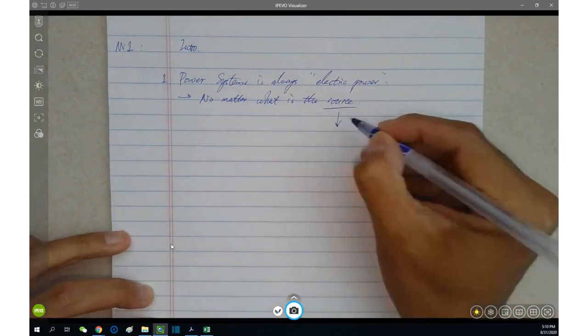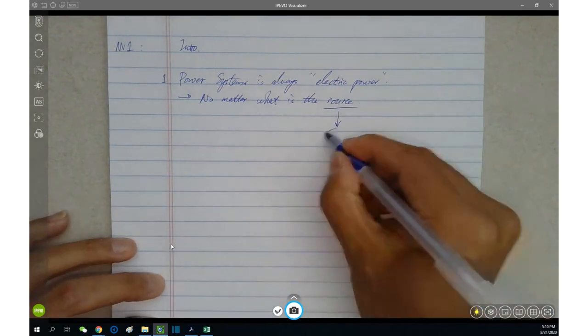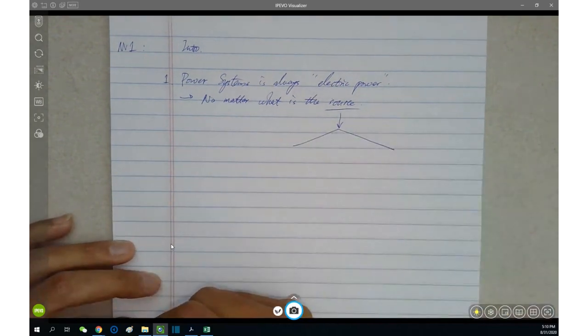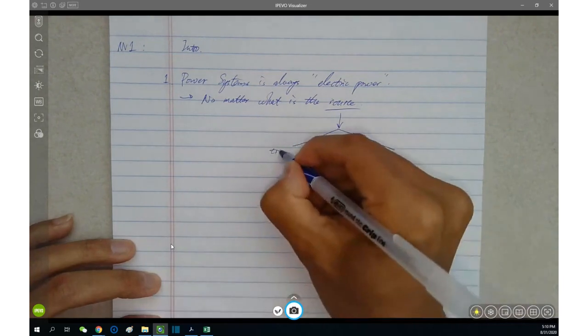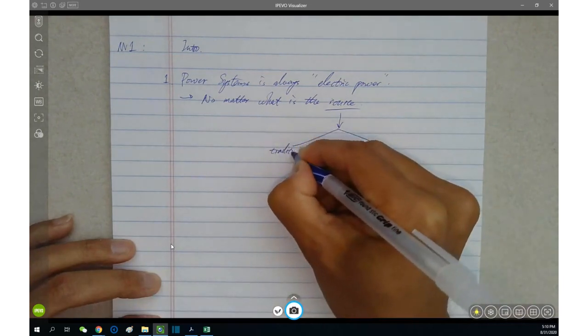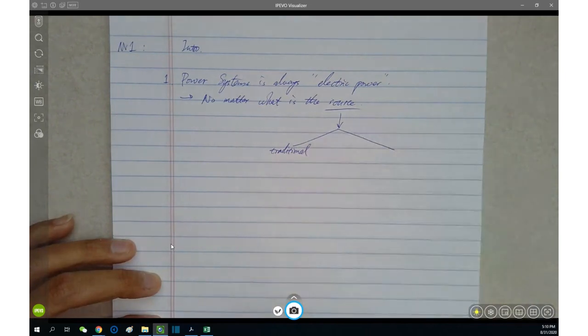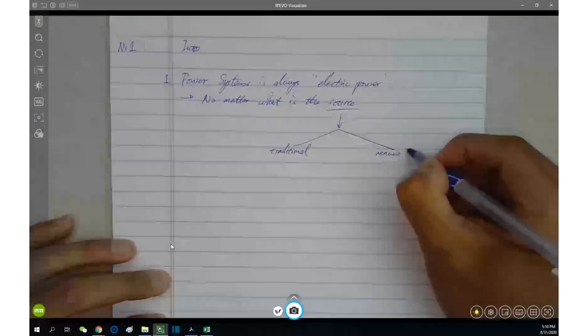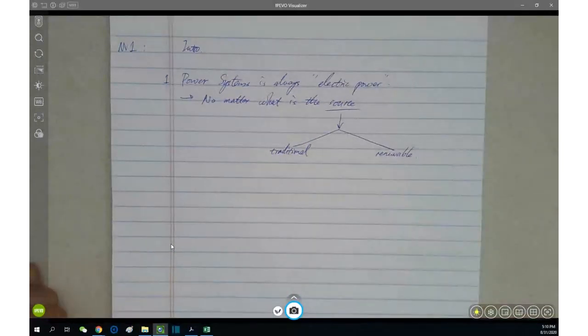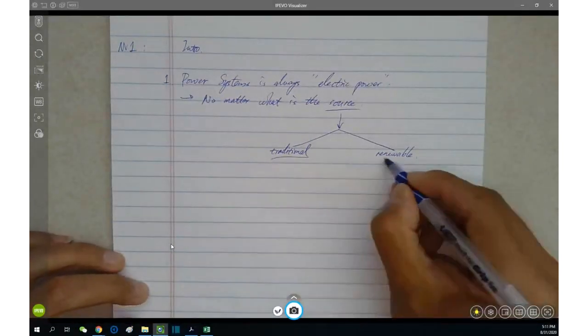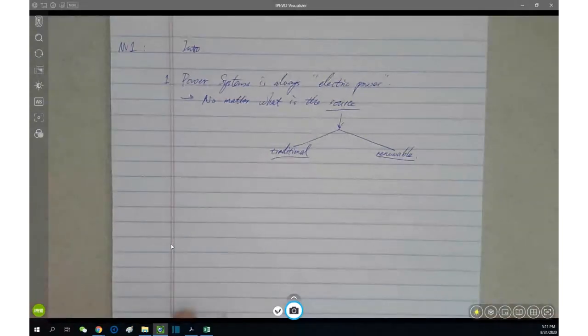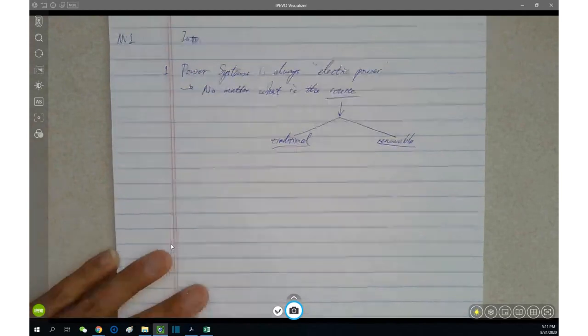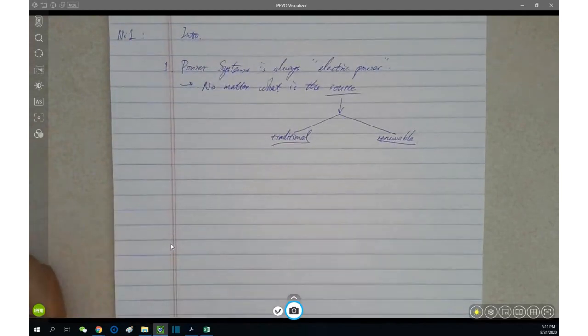According to the source, we have two types of power systems. One is traditional power systems. Another is renewable. Everybody is familiar with the terms, but essentially they are differentiated based on the different sources.